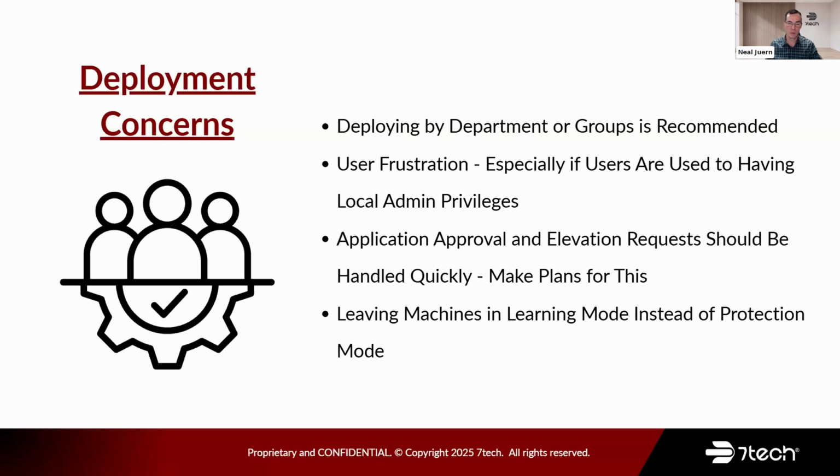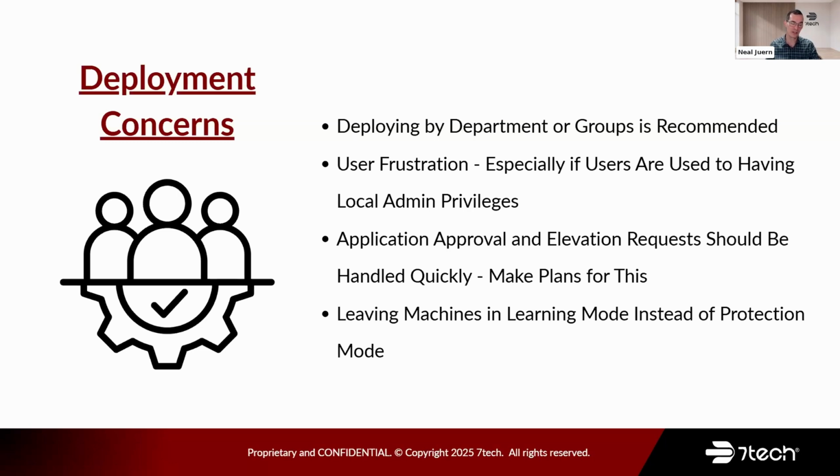And then one of the mistakes we see is leaving machines in learning mode instead of doing the diligence, getting through learning mode, and putting them into protection mode so that you're actually deploying. I think what happens sometimes when people do these proof of concepts or roll out ThreatLocker is they're a little gun shy and they let the machines learn for too long.